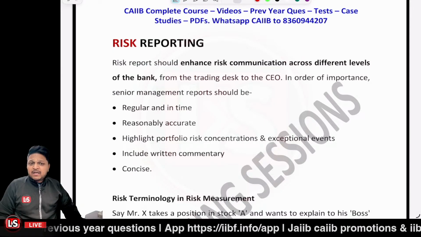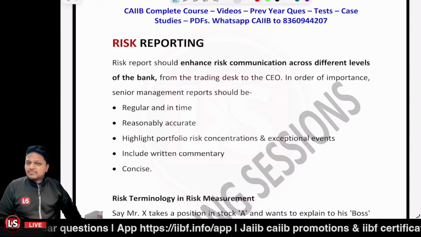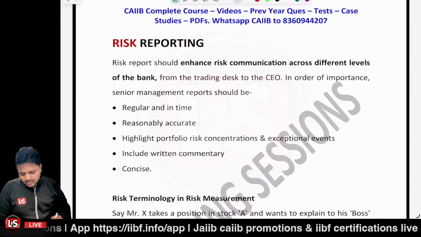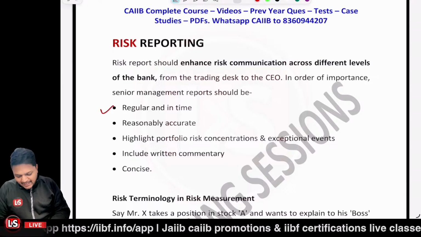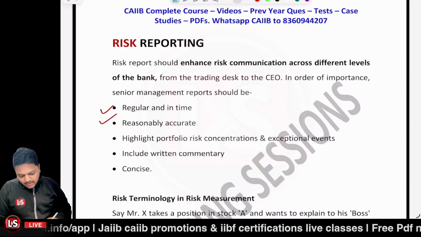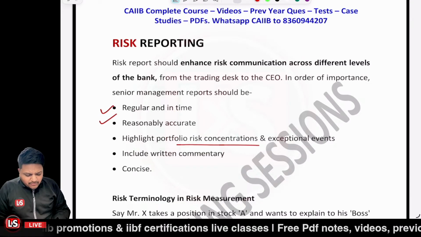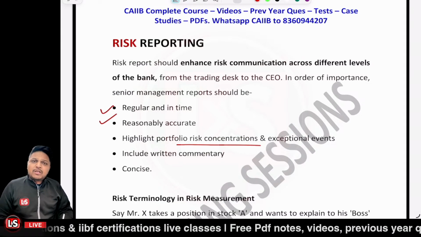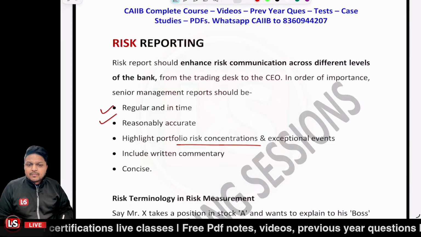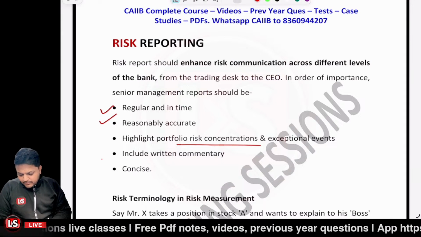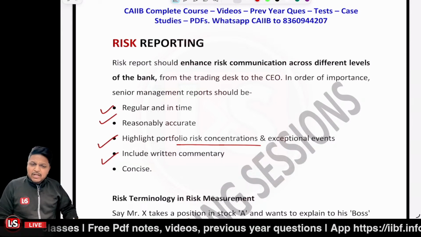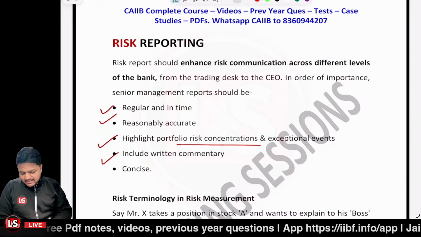Reporting should be regular, in time, and accurate, and if there is any portfolio risk concentration or any exceptional event, that should be reported. A well-versed narration should be there, and it should be concise also.